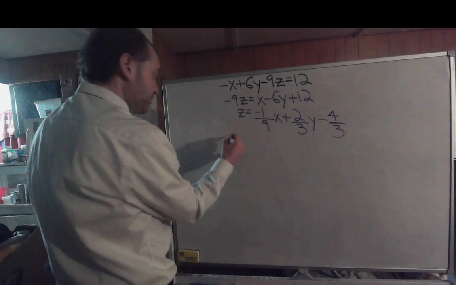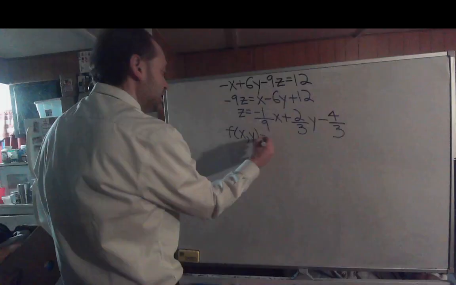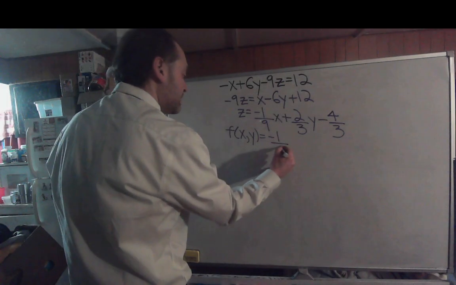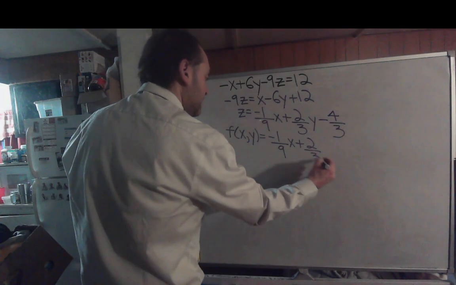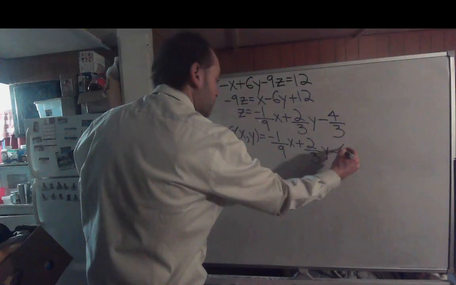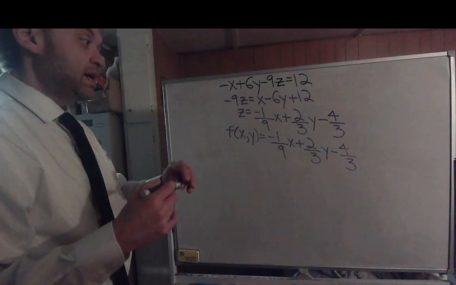Which means your function of x, y, which is z, the f of x, y, is going to equal -1/9 x plus 2/3 y minus 4/3. So now we have z as a function of x and y.